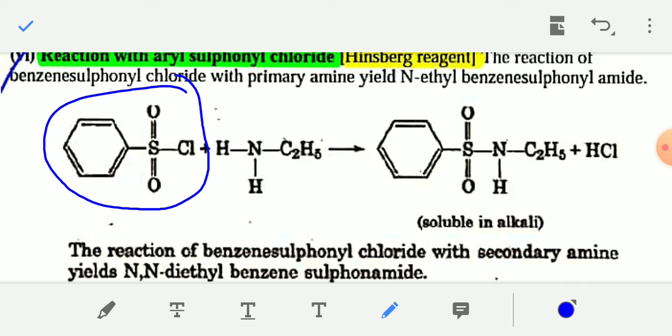This benzene sulfonyl chloride is also known as Hinsberg reagent. Using this Hinsberg reagent, you can identify whether an amine is primary, secondary or tertiary, or you can separate a mixture of primary, secondary and tertiary amines.